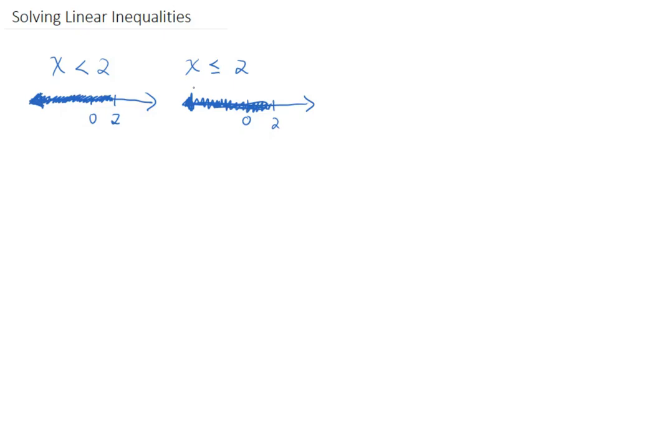But the thing is the one on the left is just less than 2, and the one on the right is less than or equal to 2. And so we have to have something different go on at 2 to distinguish these two. And the notation that was decided on is that if it doesn't equal 2, you're going to use an open circle. If it equals 2, you'll use a solid point. The solid point is saying, hey, I'm shading on that value as well.